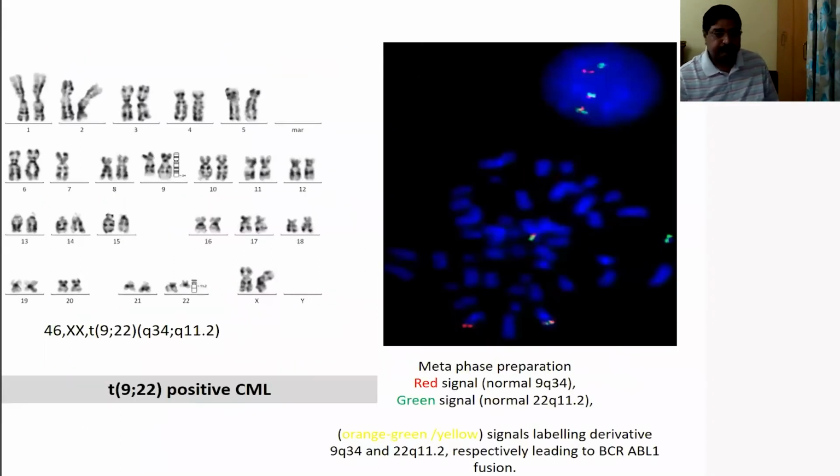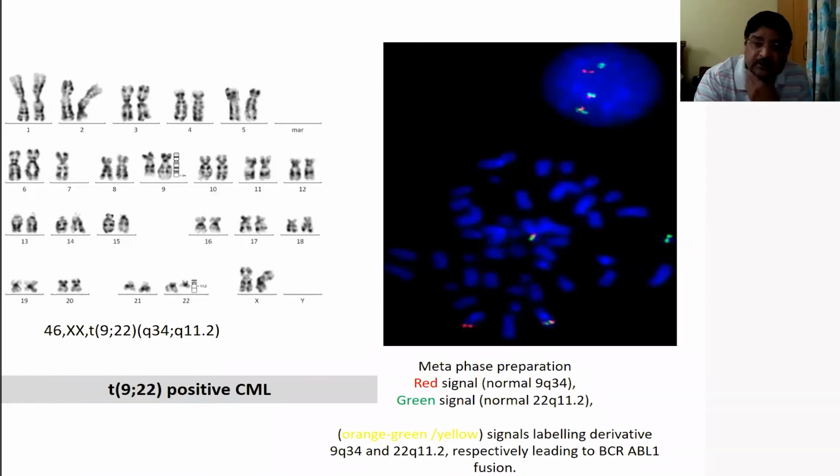Next. So if you look at this slide, this is nothing but the t(9;22) translocation, a balanced reciprocal translocation between chromosome 9 and 22. The chromosome 22 is actually the Philadelphia chromosome. If you do FISH with a dual color, dual fusion probe, you will find a yellow fusion signal.